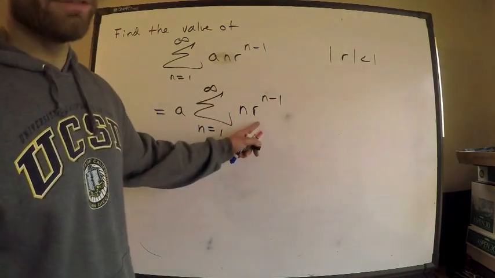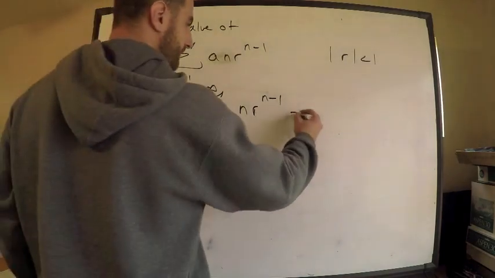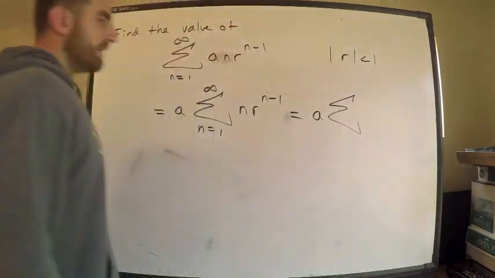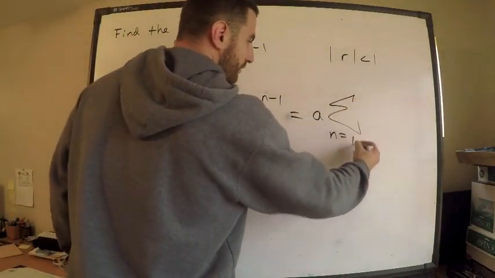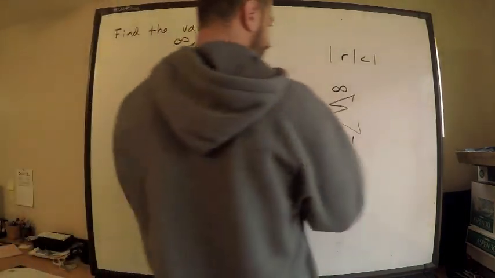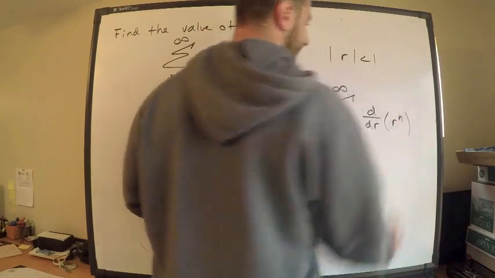This looks like the derivative. Let me do something. This is equal to a times the sum from n equals 1 to infinity. I'm going to write it this way. This right here is the derivative with respect to r of r to the n.